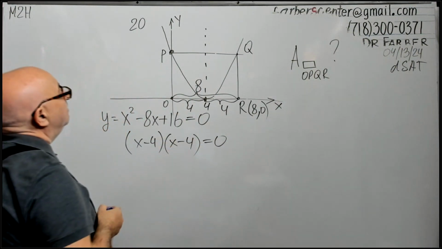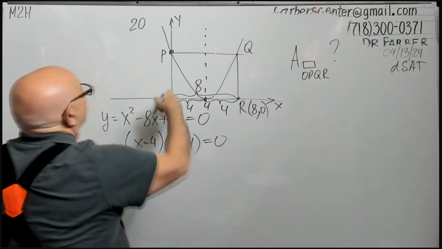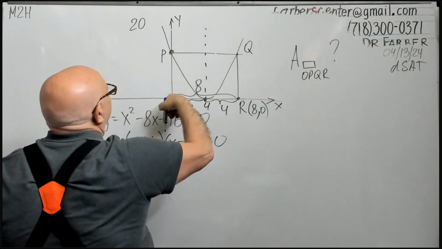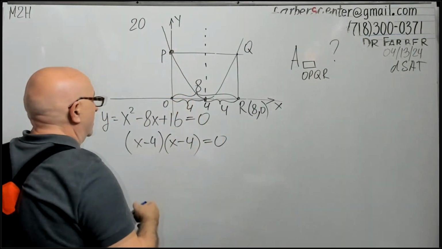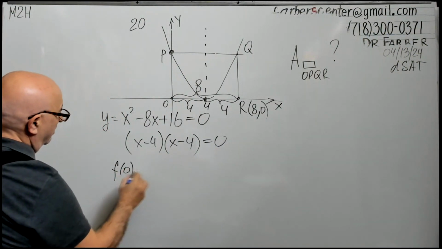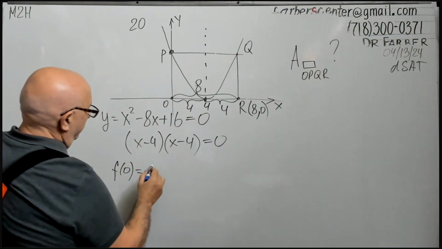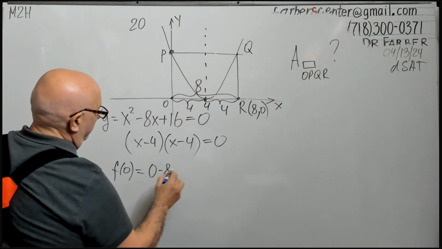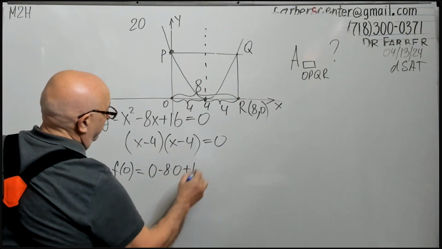How to find the height? Height is when x equals 0. So f of 0 equals 0 minus 8 times 0 plus 16, which is 16.